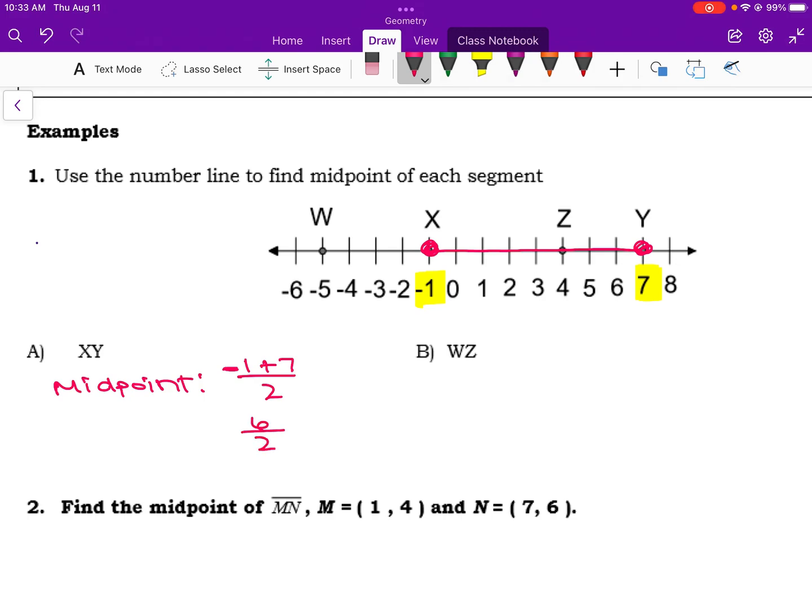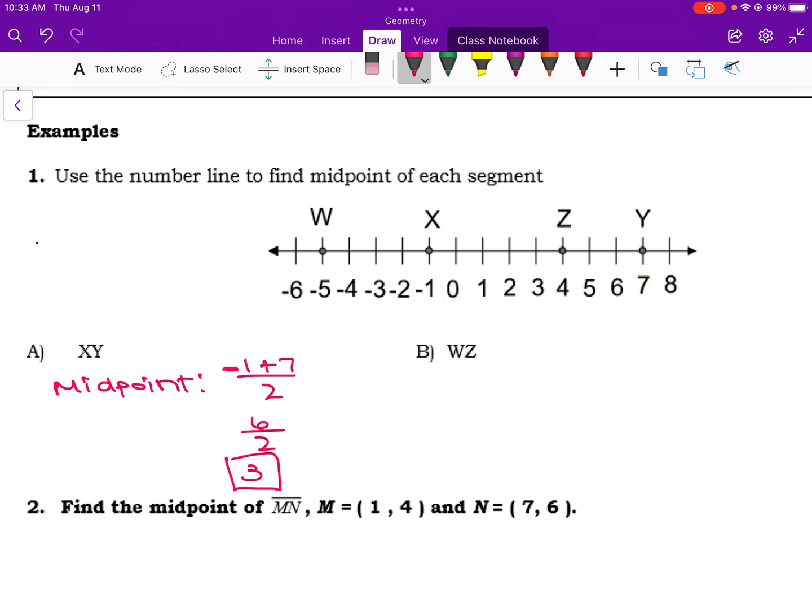So that's 6/2, which is 3. So if I were to count in, notice 1, 2, 3, 1, 2, 3. We're trying to close in for 4, boom. 3 is our midpoint. So that's kind of an alternative strategy. So you can count in from both sides to see where you land as well.